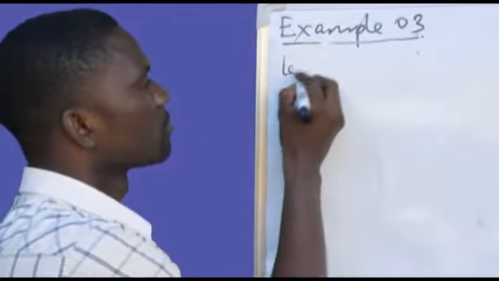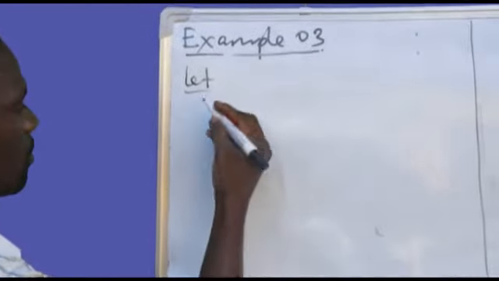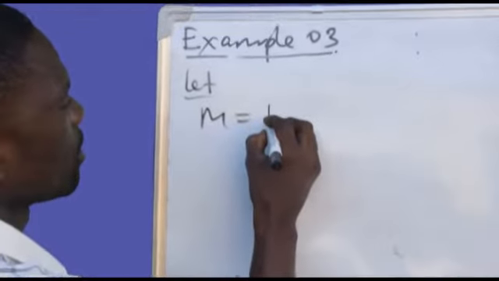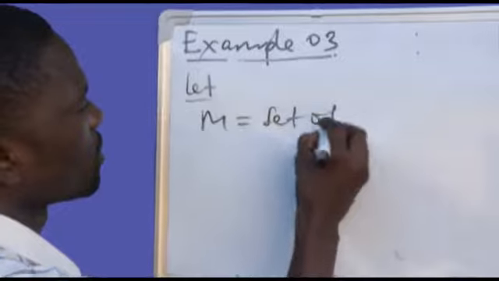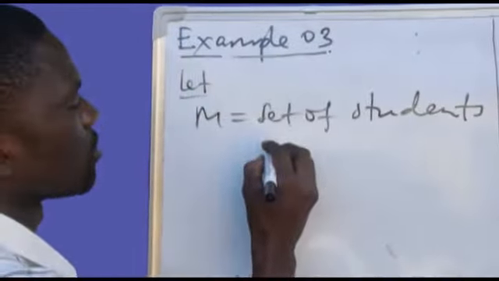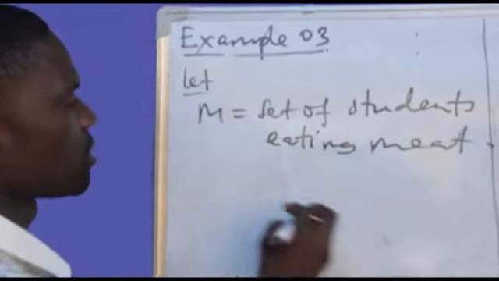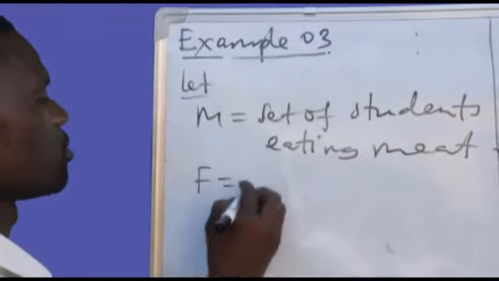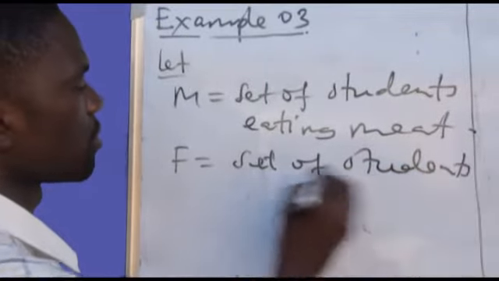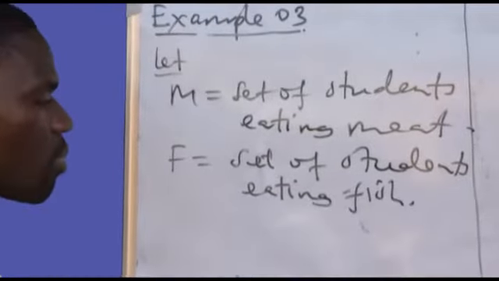So let M represent the set of students eating meat, and F represent the set of students eating fish.